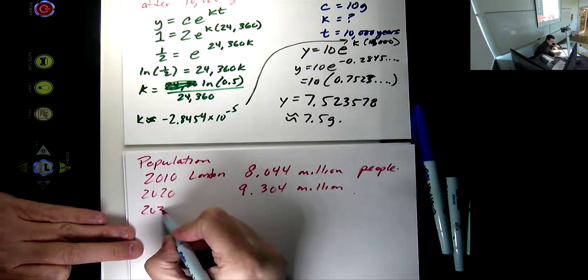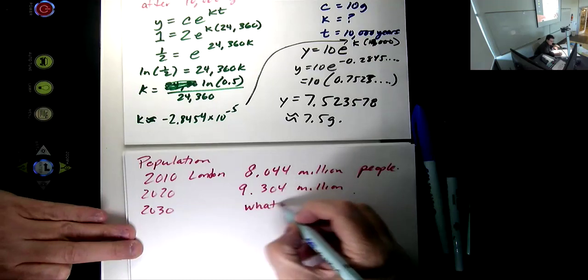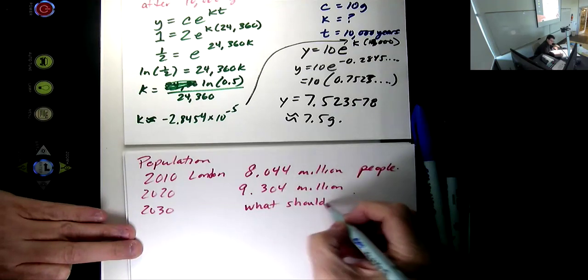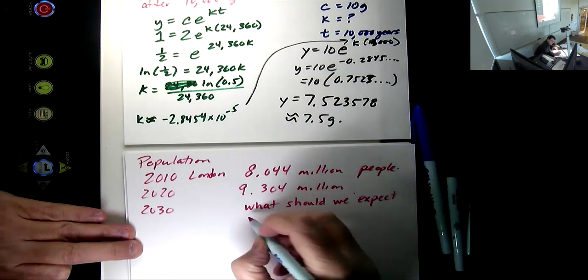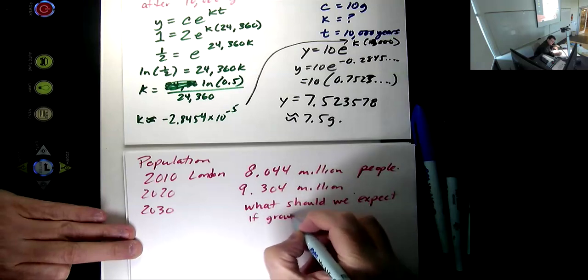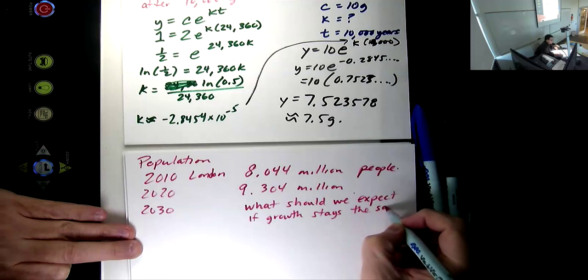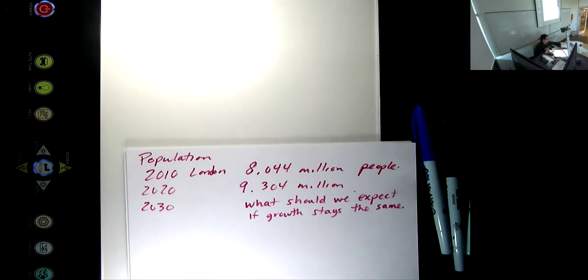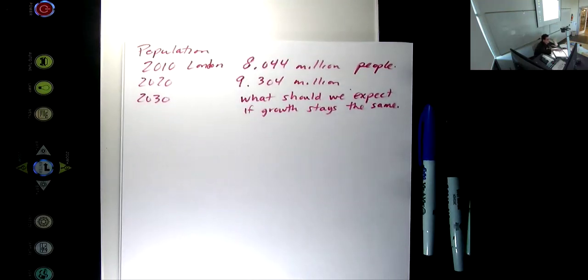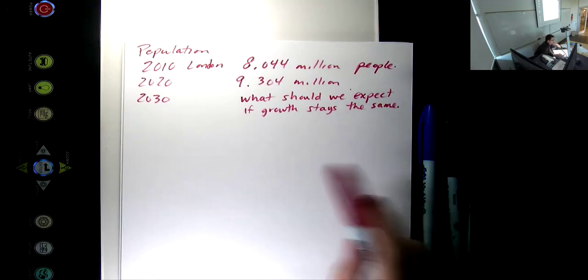In 2030, what should we expect if growth stays the same? It doesn't, it fluctuates every year. The website showed the population every year and the growth per year.